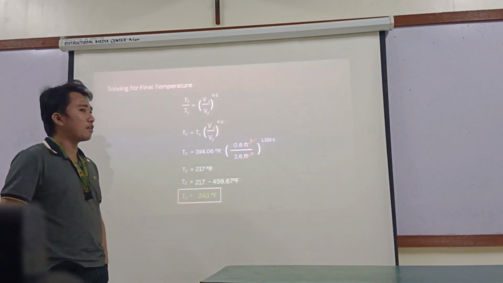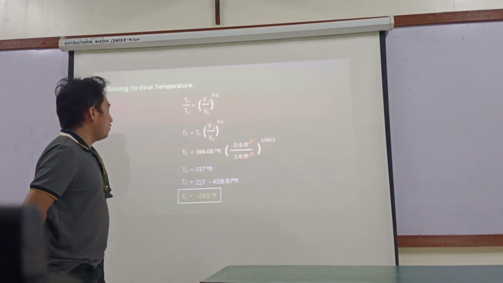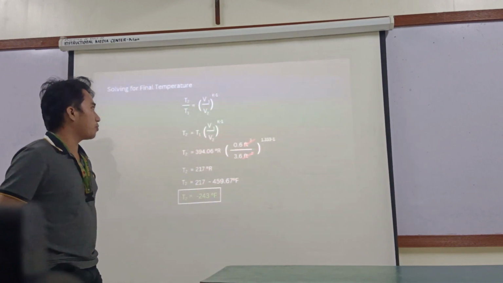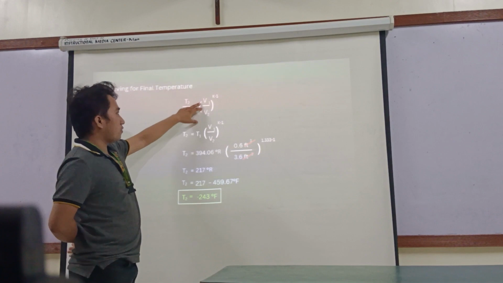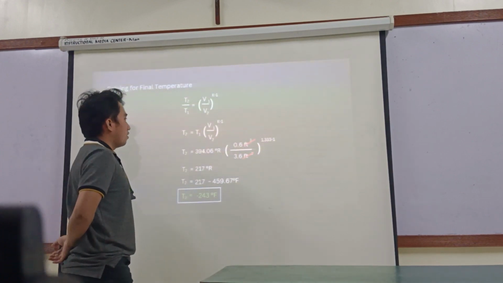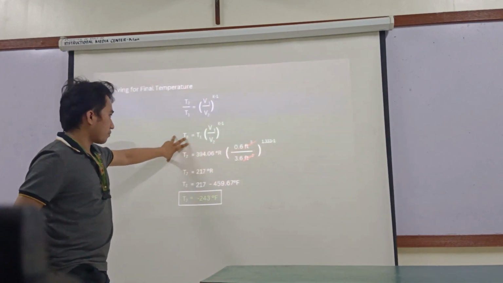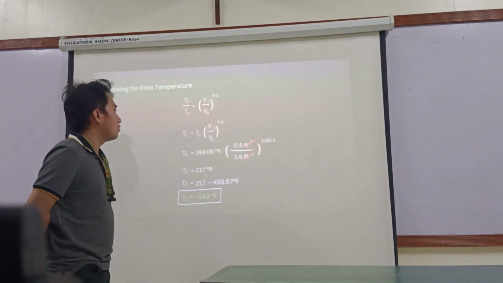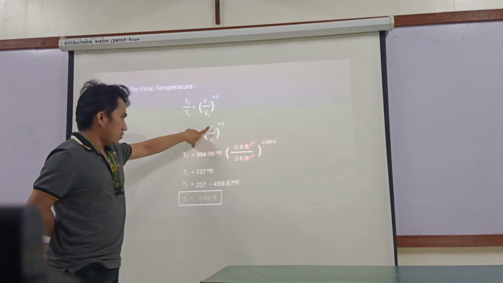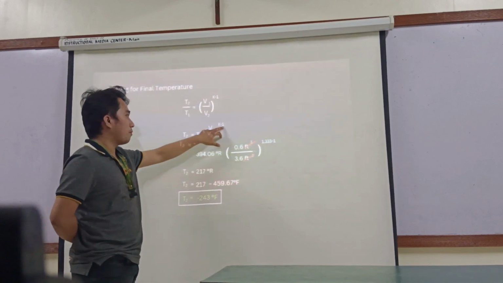So we have now solved the K. So we can now solve the final temperature. So we have here the equation: final temperature over initial temperature is equal to initial volume over final volume, to the exponent K minus 1. So transpose: final temperature is equal to initial temperature times parenthesis initial volume over final volume, to the exponent K minus 1.